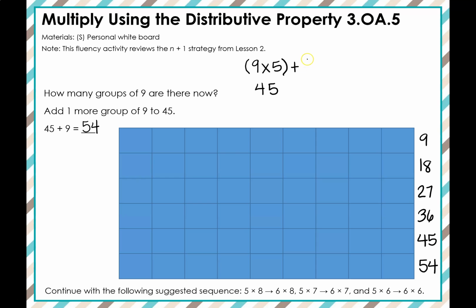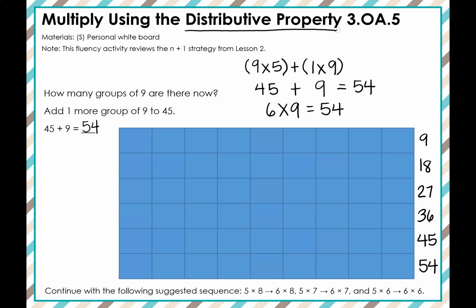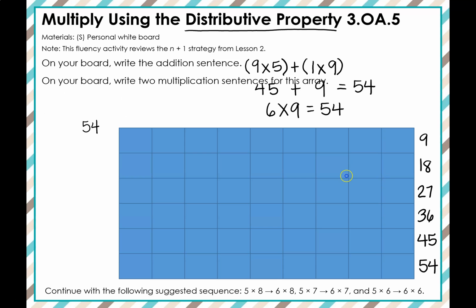Then we added another row of 9, which would be 1 times 9, and we got 9 as our answer. And then we did 45 plus 9, which was 54. So 6 times 9 equals 54. Okay, so that's going back over that distributive property, when you break apart an array and then add more to it. Okay, so very good job with that.